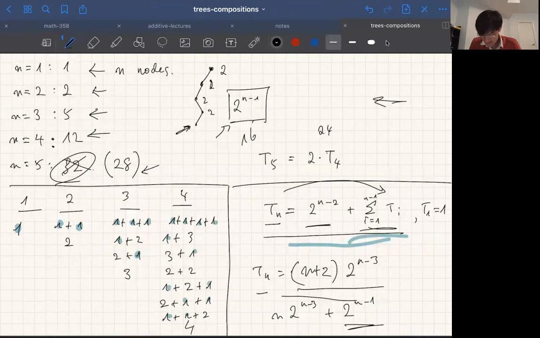Okay, so now this is at least the 2 to the n minus 1 that we know how to count. That's the number of trees that just have one long string. So now we just need to prove that the number of trees that have two children of the root equals n times 2 to the n minus 3.